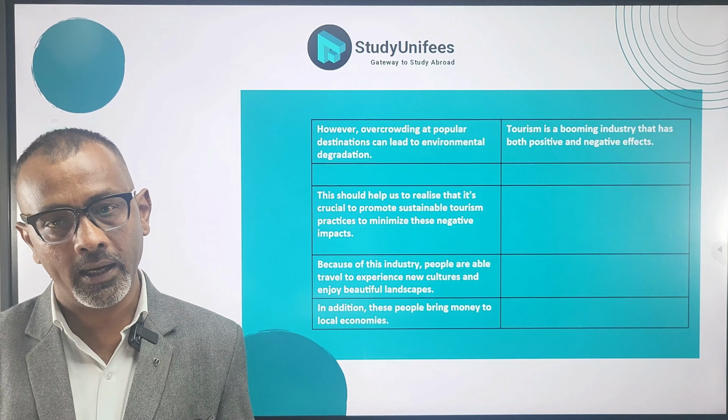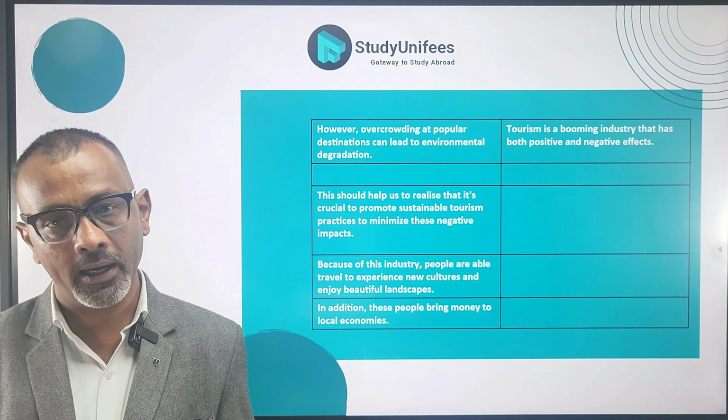Because free primary and secondary education basically promotes literacy and empowers people. So we will shift the second sentence to the third slot. Now, let's look at the remaining sentences closely. The sentence on top says, because of this, efforts are being made to ensure education reaches every corner of the world.